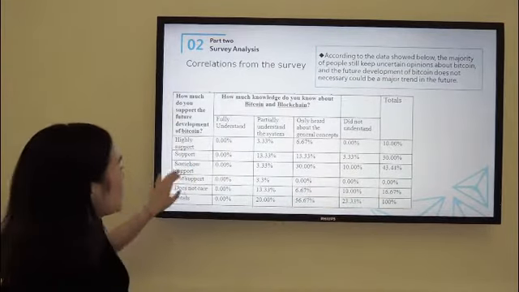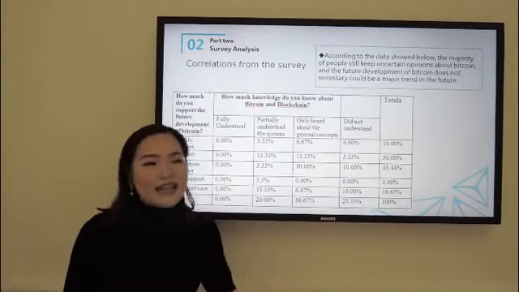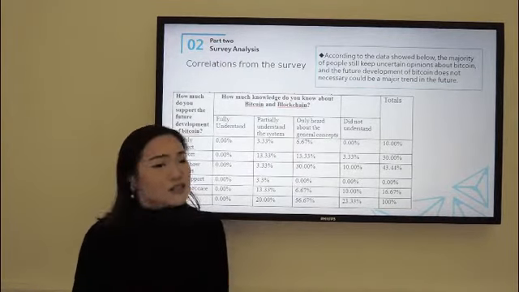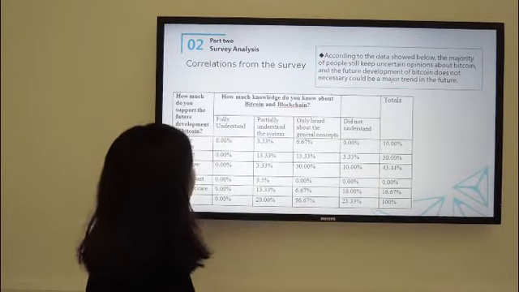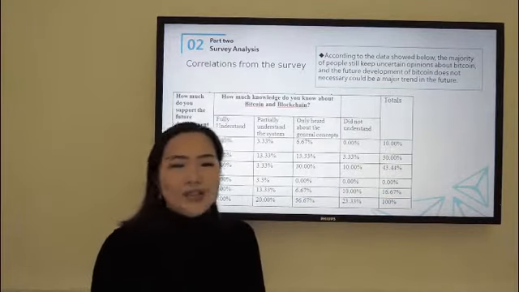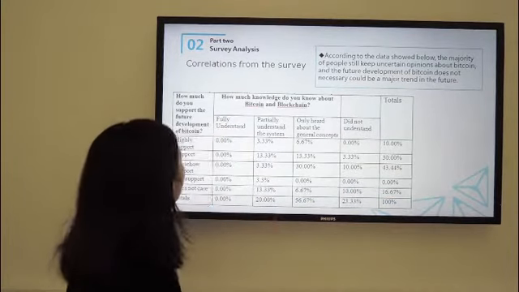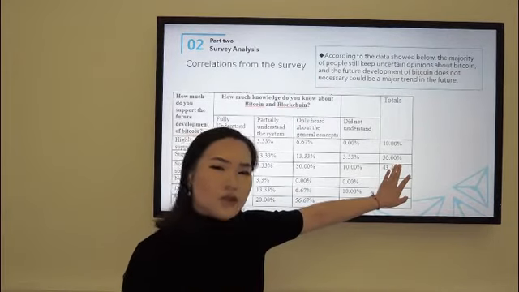And from this chart, you are able to see 43.44% of people are keeping an uncertain opinion, somewhat support. So they're not highly supportive and they are not against it either. So a lot of people still keep an uncertain opinion, and then there are 30% of people who support it, but they are not 100% supportive. And moving to highly support, there's only 10% of people who highly support the future development.